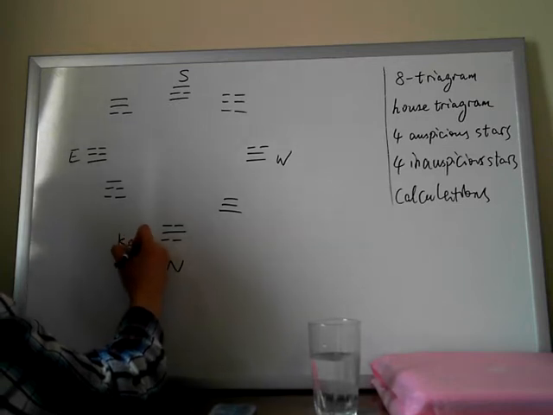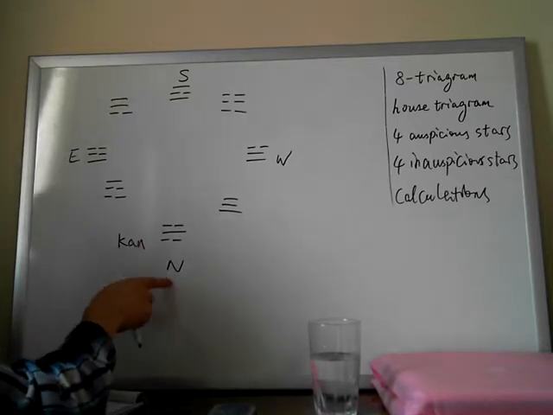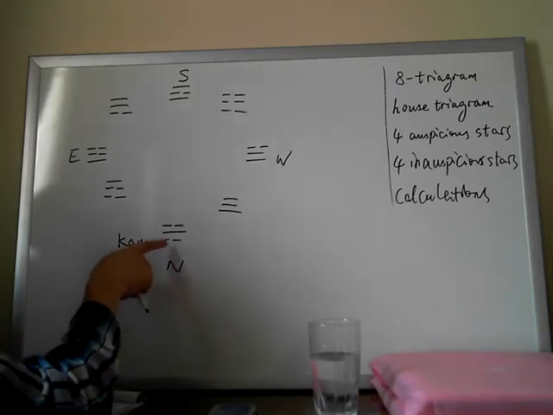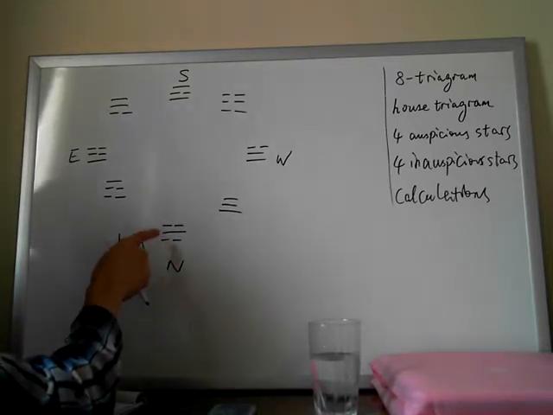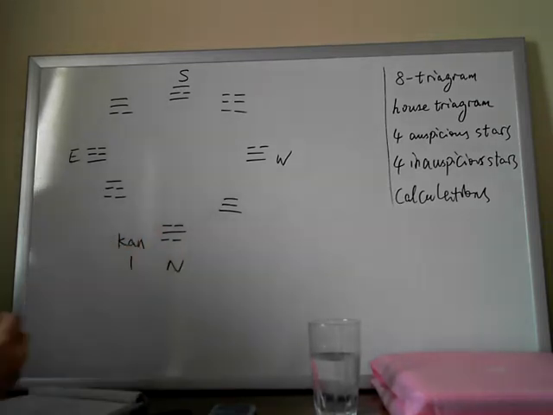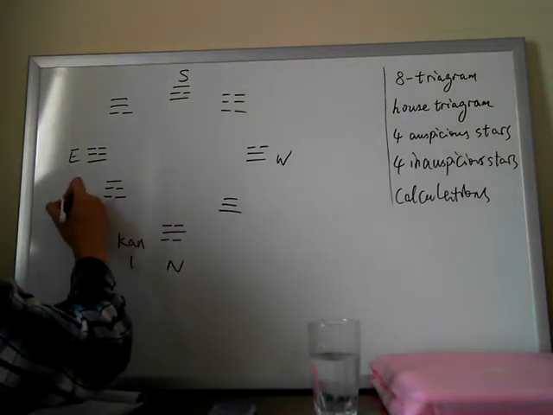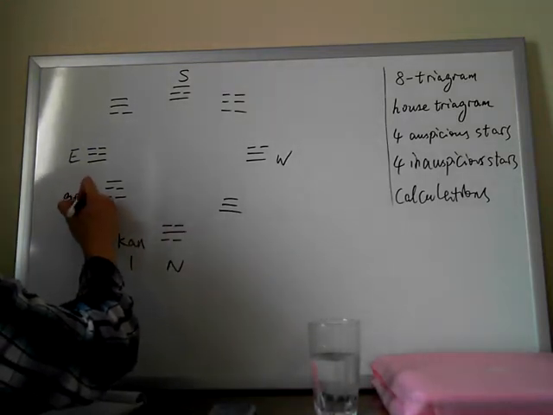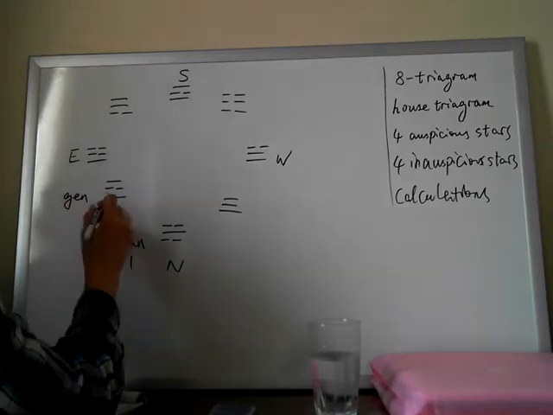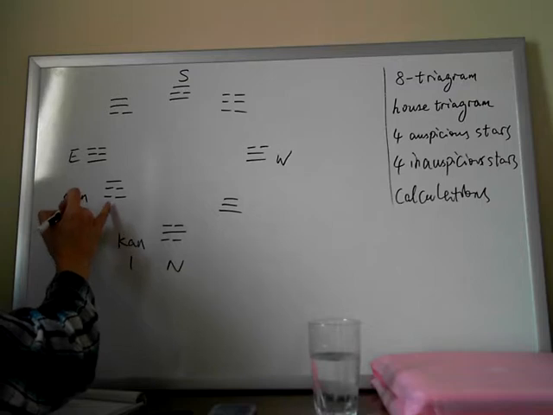So the direction is north, and the number associated with Kan is 1. Okay. And this is Gen, G-E-N, Gen, and the number associated with it is 8.